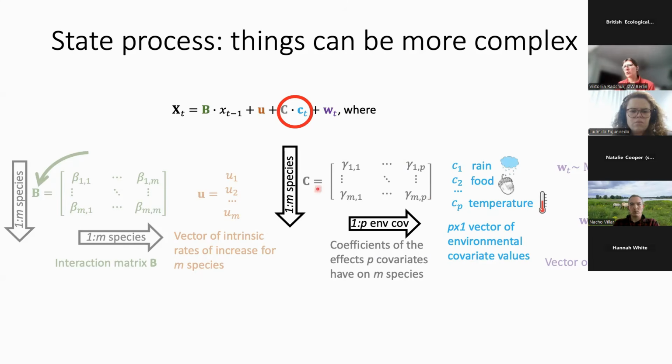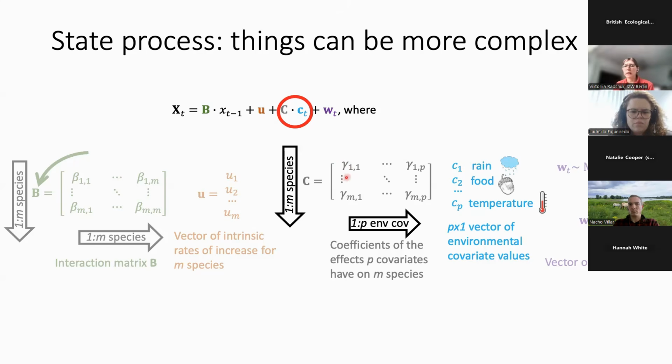And then we have a matrix C that we are actually estimating, and this matrix is an M by P matrix that consists of coefficients of the effects that our P environmental covariates have on M species. So species are again in the rows and covariates in the columns. So here gamma 1,1 reflects the effect of our first environmental covariate, rain in this simplified example, on our first species.